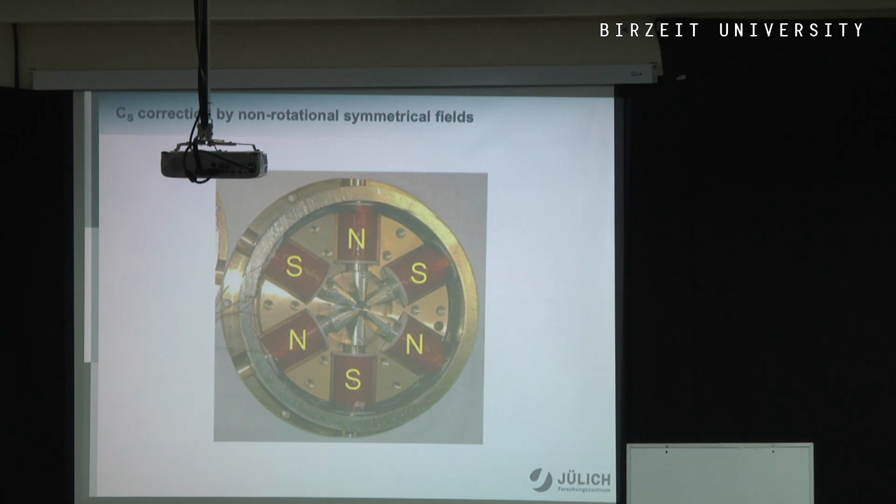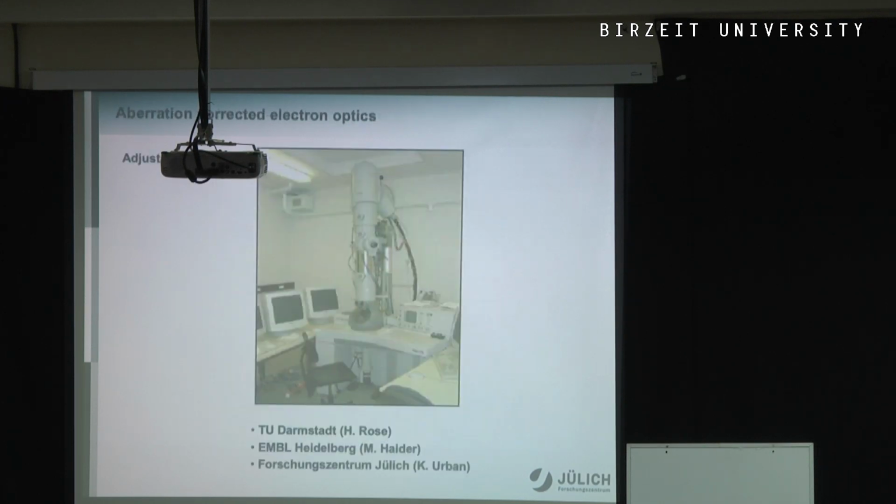They don't replace the normal imaging lens, the normal objective lens of a microscope, which is still rotationally symmetrical, but they can be assembled alongside an objective lens to correct for the dominant or spherical aberration. This was the first microscope which incorporated one of these aberration correctors in the institute where I now work in Jülich. It's an extra component of the column, which in this case is 30 or 40 centimeters tall.